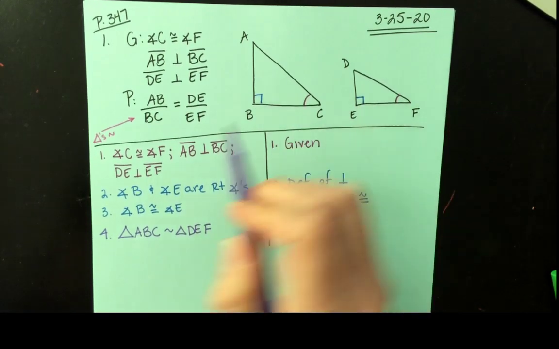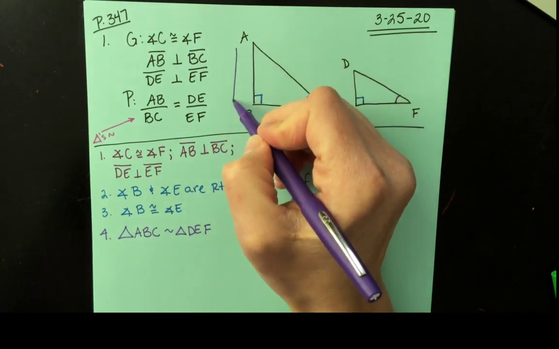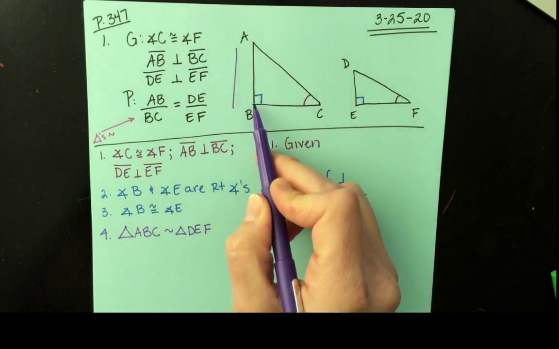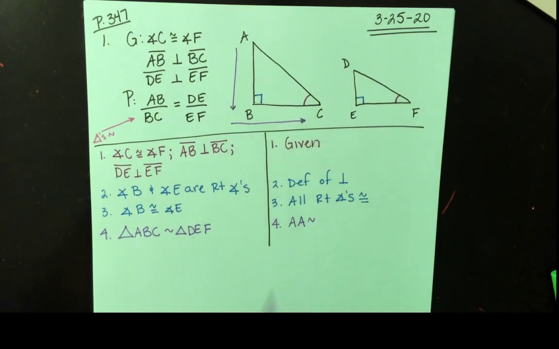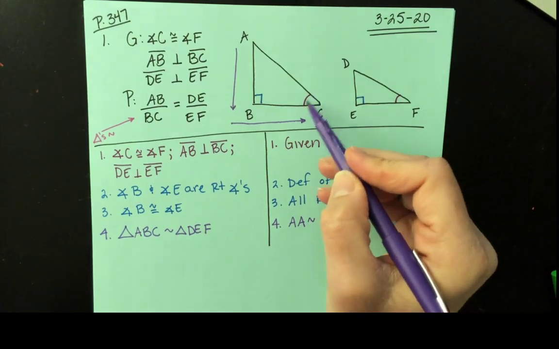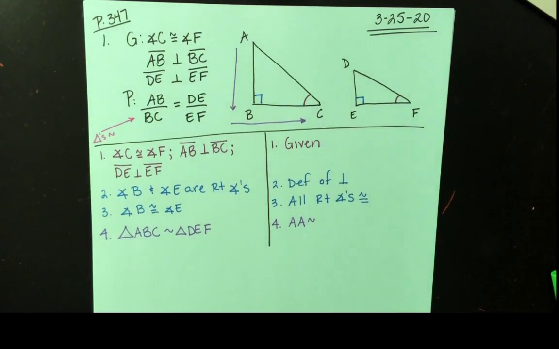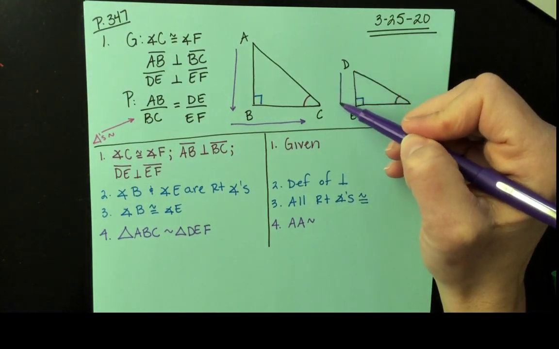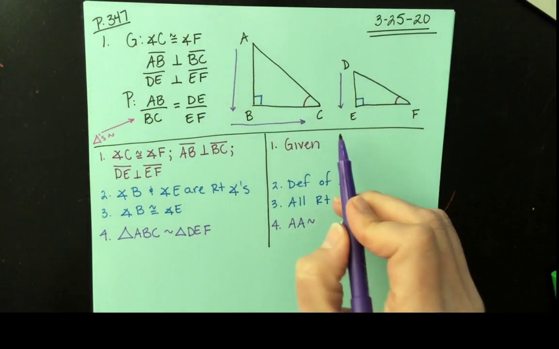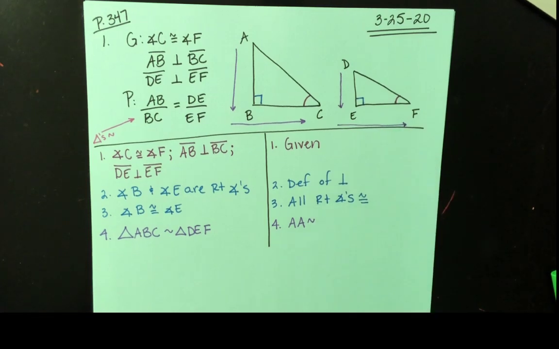AB is this side, and it doesn't have a tick mark, and it has a right angle, and then we're going to go BC, which is the right angle and the single tick mark. What I'm looking at is for the pattern to match, I go DE, which matched, and then EF has the same pattern.